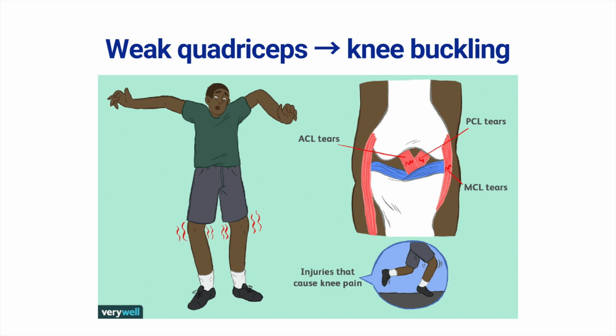Usually, to compensate for this quadriceps weakness, these individuals may adopt strategies such as locking the knee into hyperextension, leaning the trunk forward, or reducing walking speed to increase stability. While these strategies may prevent collapse, they place abnormal stress on the knee joint and surrounding structures.